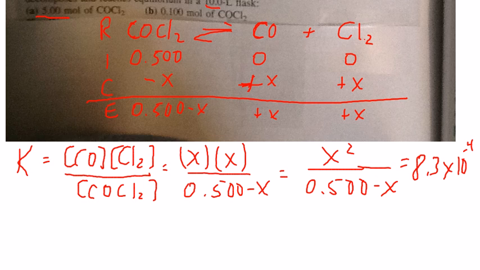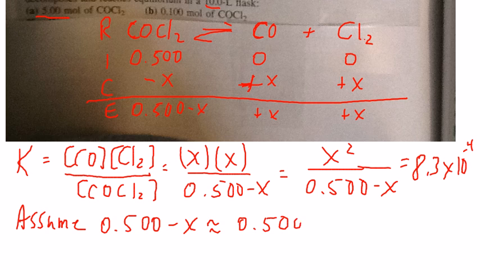And we make an assumption. You assume that because Kc is quite small, 0.500 minus x is about equal to 0.500. The initial concentration of the COCl2 of 0.500 really isn't going to change much, because x is in fact so small because Kc is small.